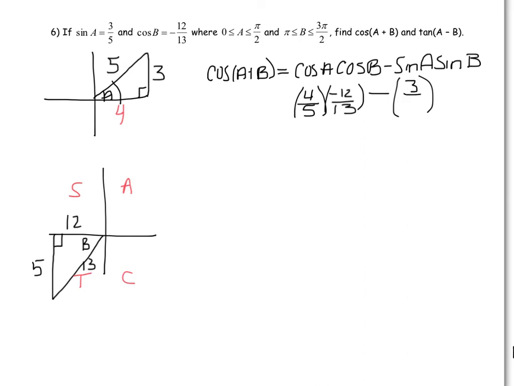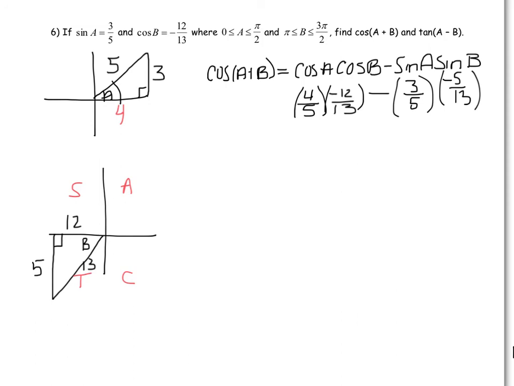So 3 over 5. And sine of B, now we're going to look in this triangle, is opposite, which is 5, over 13, which is my hypotenuse. So 5 over 13. But is sine positive or negative in this quadrant? You should be saying negative. So that gets a negative.